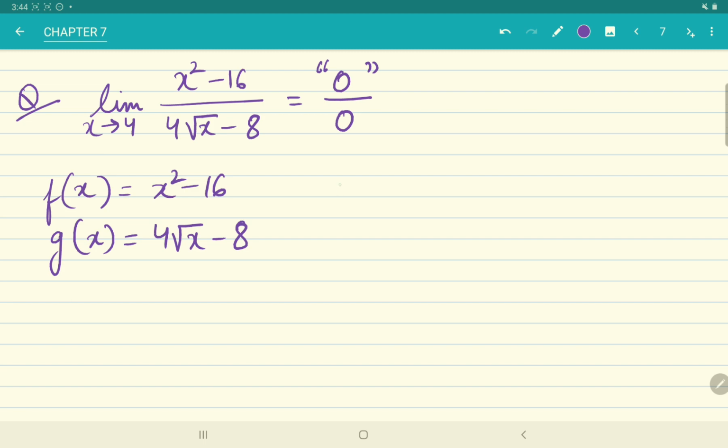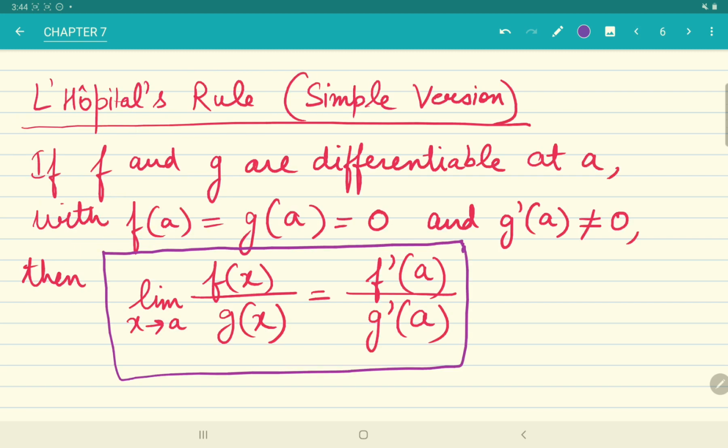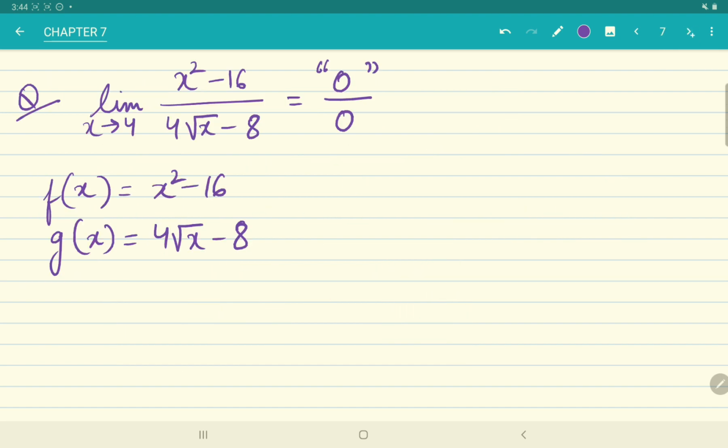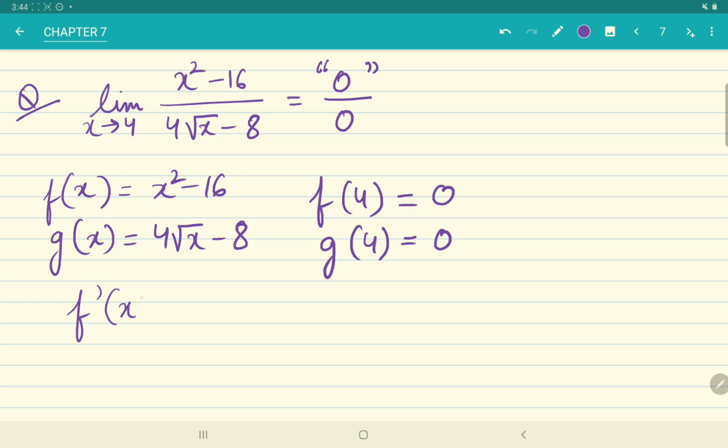Also, you can see here, just to check whether you can actually apply the L'Hopital's rule, you can see that f of 4 is equal to 0 and g of 4 is also equal to 0. Then obviously you can apply the L'Hopital's rule. For this, you calculate f prime x, which you know is 2x.